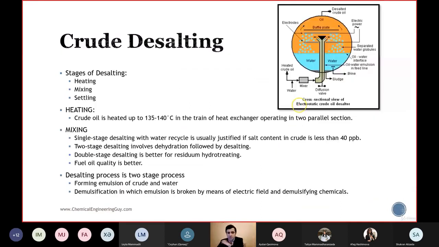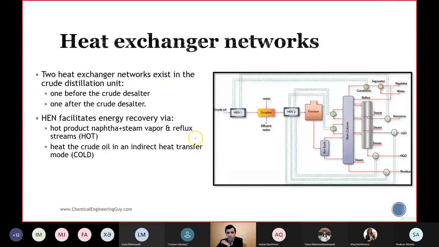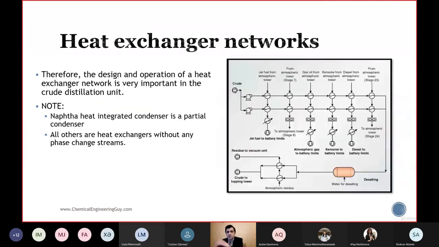So now it is the heat exchanger network. You can see that crude is sent to heat exchangers in parallel with two pumps, and these are the products that we use in heat exchangers. This is the heat exchanger network, and as you can see, the heat is transferred from hot products, jet fuel, gas oil, kerosene, etc., to crude oil, and then we also cool down these products.